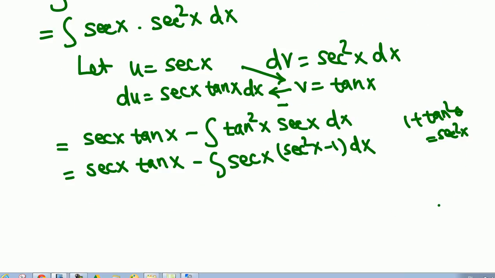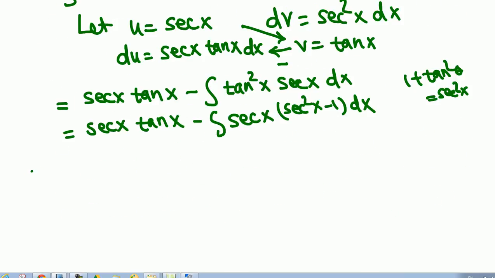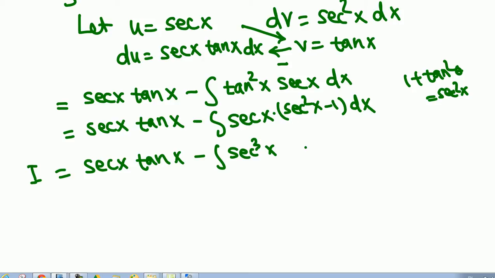Then our integral, the original question, I equals secant x tangent x minus, let's distribute, the integral of secant times secant squared, secant cubed x dx.